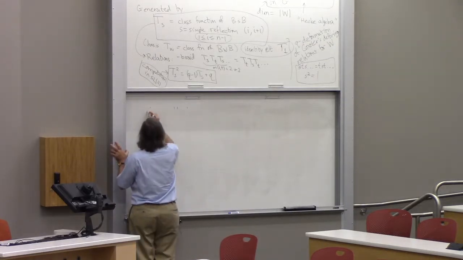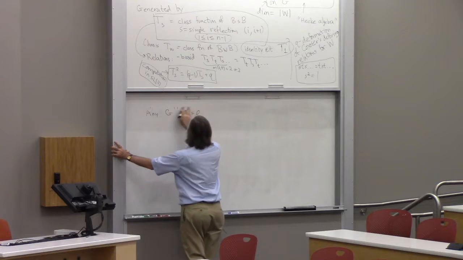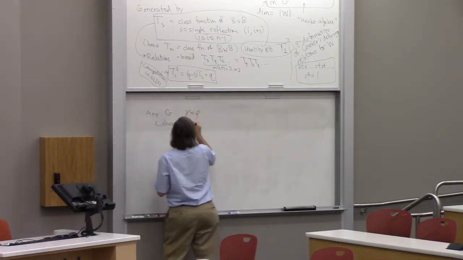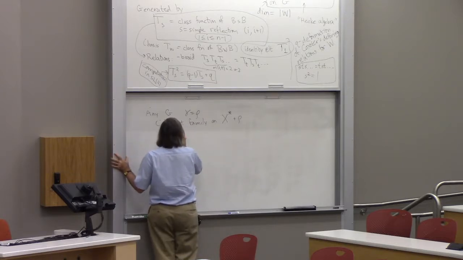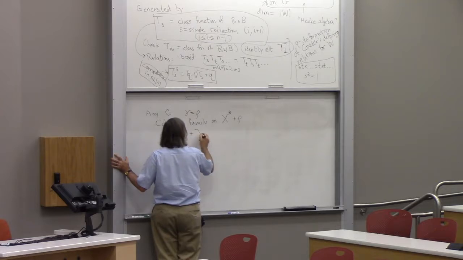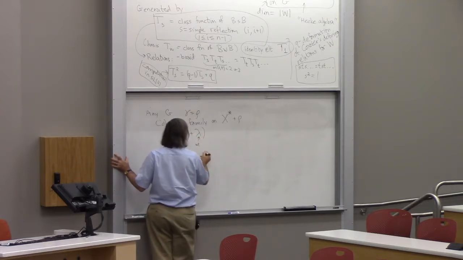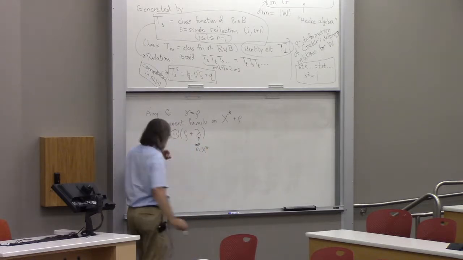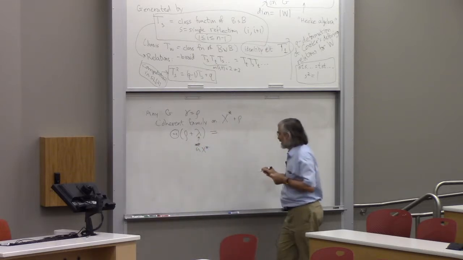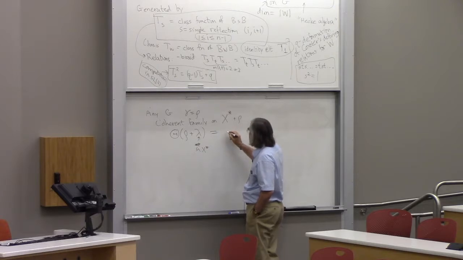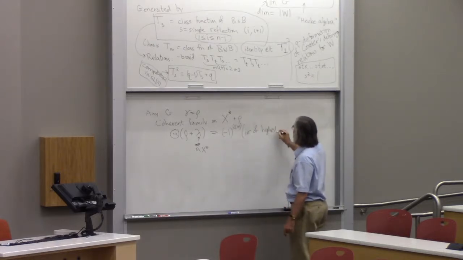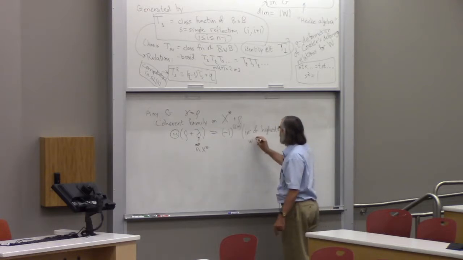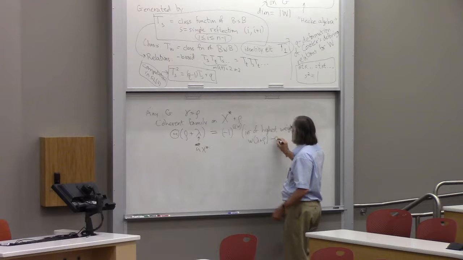Now, if I take any G, I want to take gamma equals rho and make a coherent family on X upper star plus rho, and the value at rho plus lambda, where lambda is in X upper star, is going to be minus 1 to the length of W times the irreducible of highest weight W of lambda plus rho minus rho.